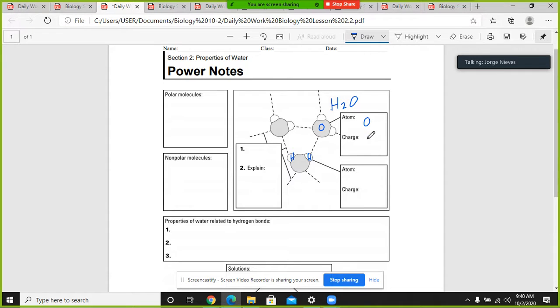It has a slightly negative charge. And here the hydrogens have a slightly positive charge. So that's very important that we see it. That's what basically we can say.